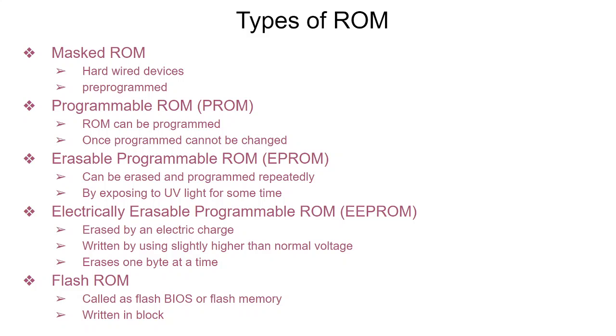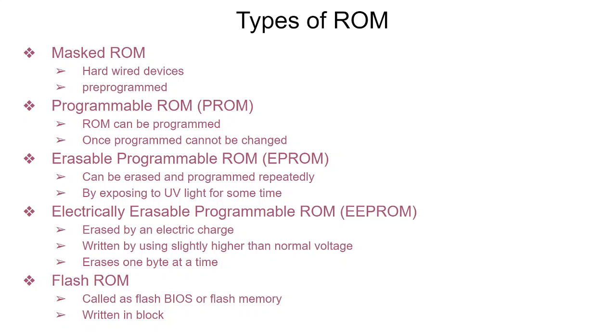That is, you can erase whatever code you have written before and just reprogram it. So how will you erase this? You expose this erasable programmable ROM to UV light for some time. Whatever program you have written will be erased, and again you can write in this ROM.